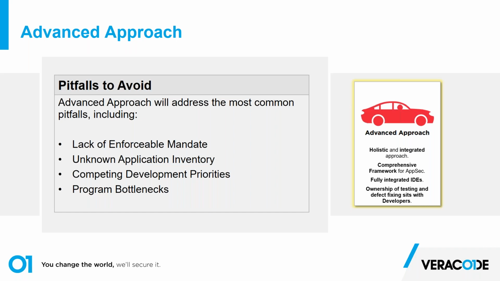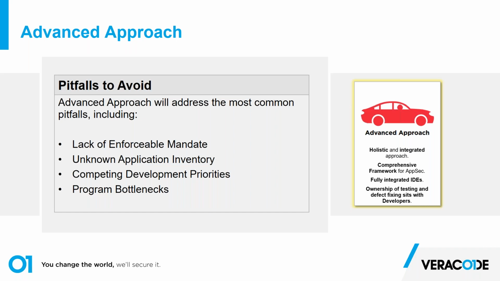As I've spoken to my peers at Veracode, some of the other program managers, I think we can boil this down to 3 or 4 critical pitfalls that companies who have advanced programs have learned how to avoid.